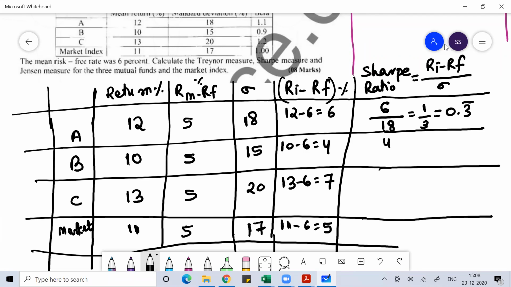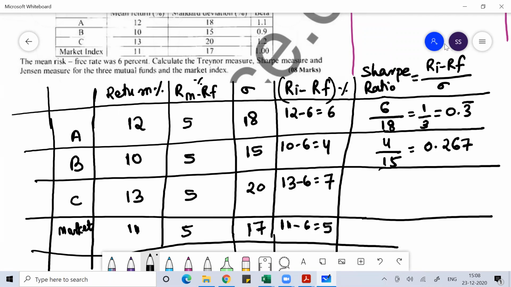Then 4 divided by 15. How much will you get? 0.267.